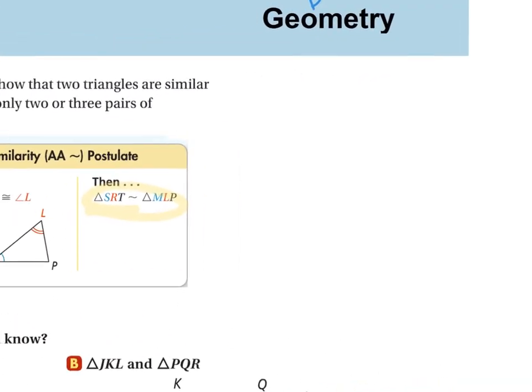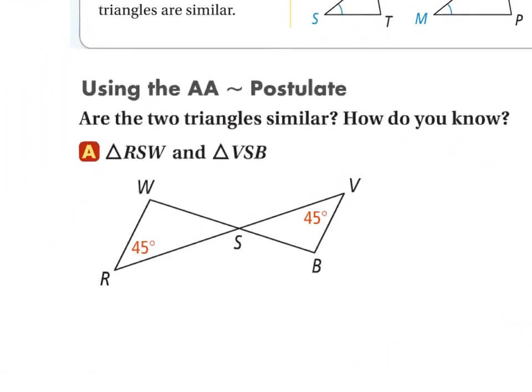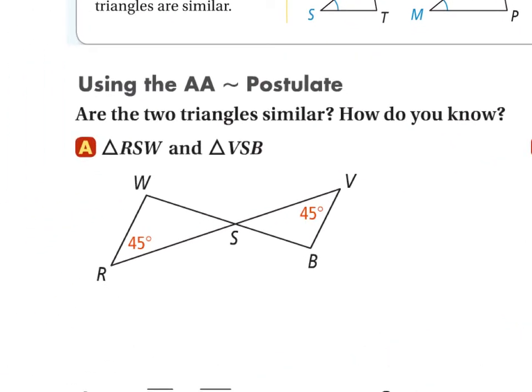Okay, so let's go on to this one. Are the two triangles similar? How do you know? Well, they tell us that we have two 45-degree angles, so they give us one angle right off the bat. So now we're going to need to know at least one more angle, right? Well, are there any angles that you can see that are congruent? Yes, there are.